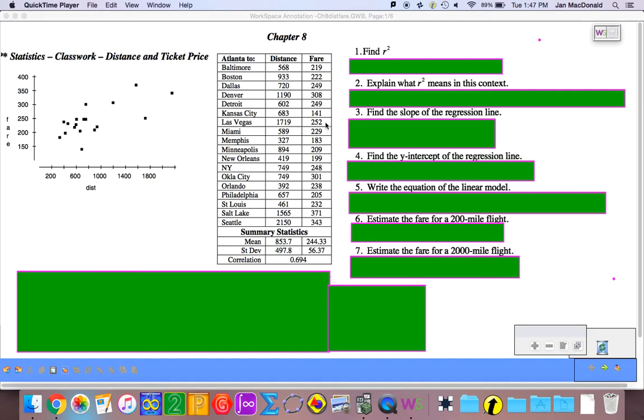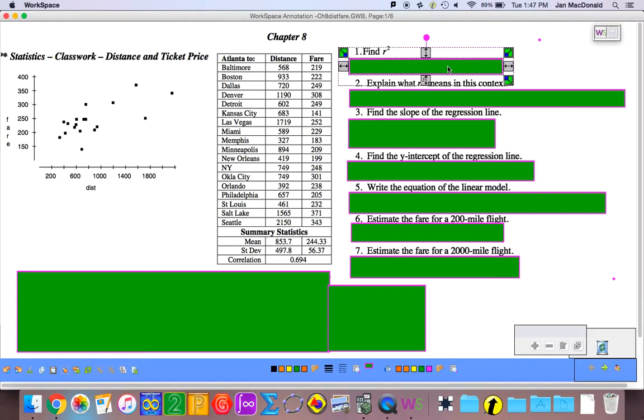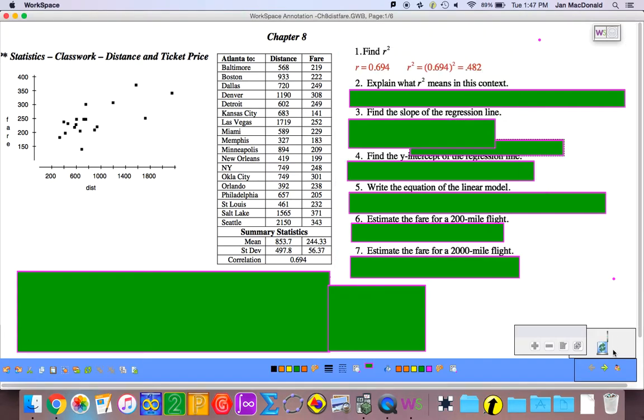So to find R squared, we're just going to do 0.694 squared. Take a minute. And here we go. R squared is 0.694 squared, or 0.482. Explain what R squared means in context.